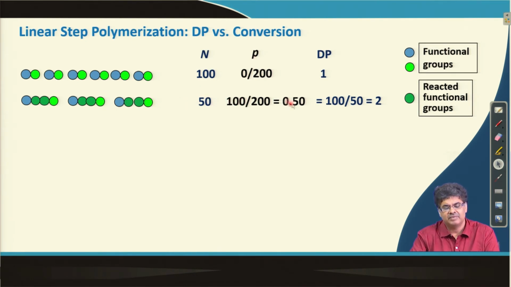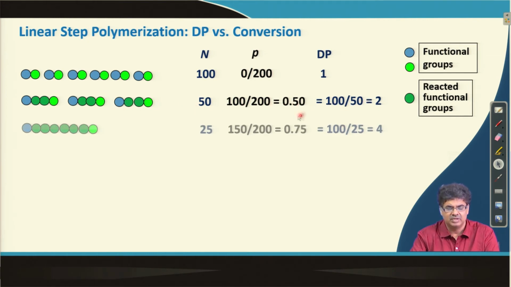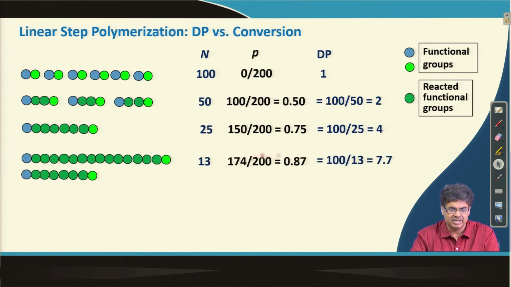So, conversion is 0.5 and average degree of polymerization is 2. Similarly, when dimers react to make tetramers, we have 25 molecules, 150 functional groups have reacted, so we get 0.75 as the conversion and degree of polymerization as 4.